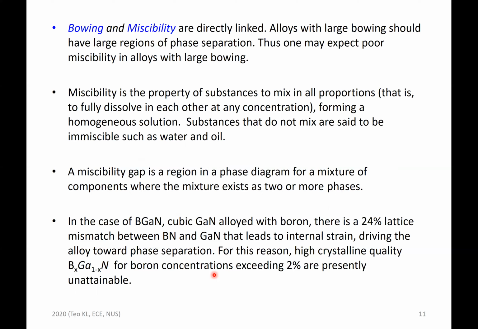So therefore, you will produce a miscibility gap in the phase diagram where there exist two phases, boron nitride and gallium nitride phase.